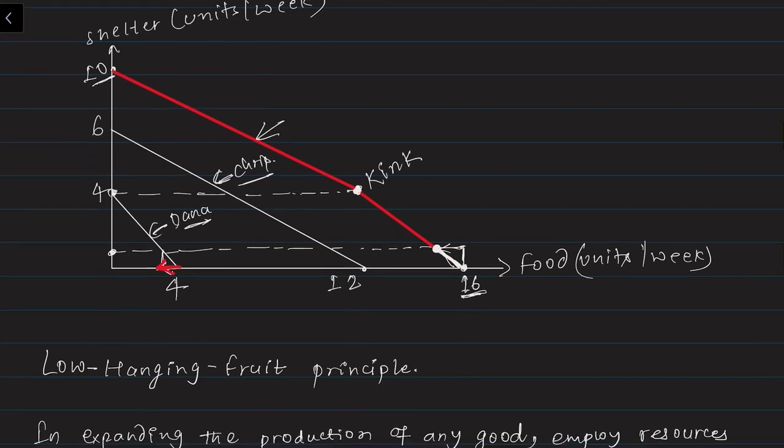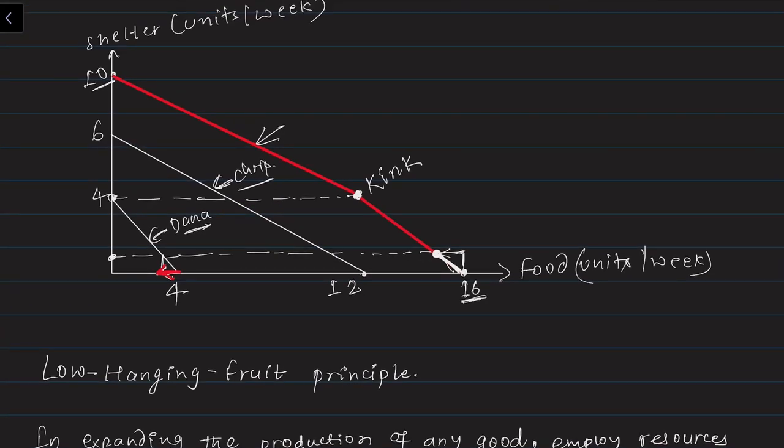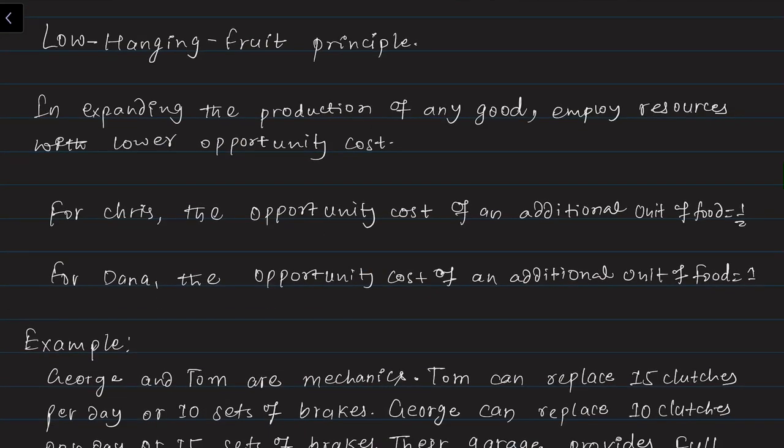We used Dana to produce shelter because he has the lower opportunity cost producing shelter. And this is what this principle states.